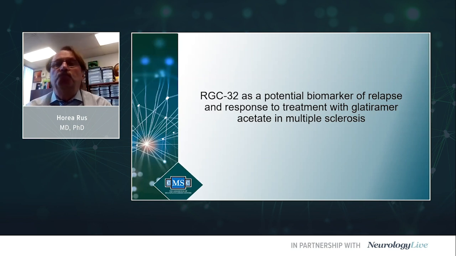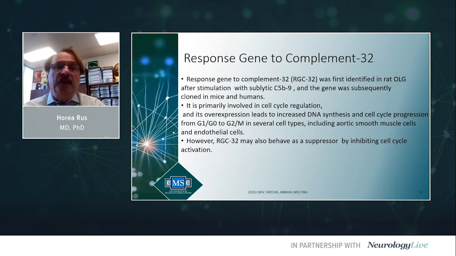Now, to switch gears a little bit, we looked at the role of RGC32, or response gene to complement 32, as a biomarker of disease activity and response to therapy in multiple sclerosis.